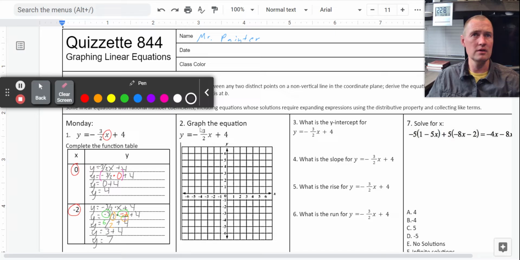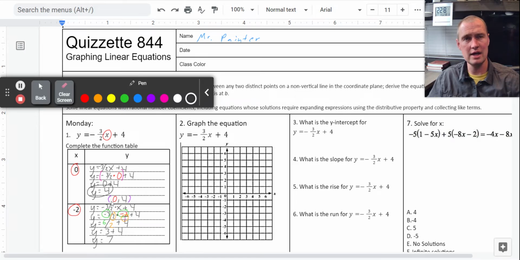All right, number 2, graph the equation. Now, a couple pointers on this one. Let's go back to the function table here for number 1. When we talk about the function table, we talk about an ordered pair. So notice here, the 0 is the x value, comma, the 4 is the y value.